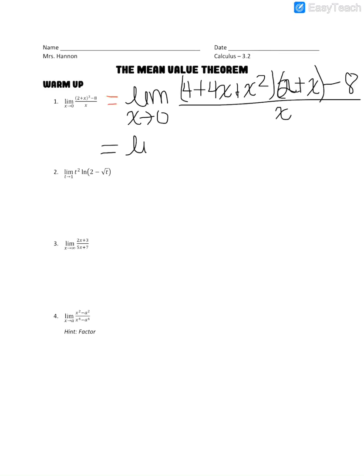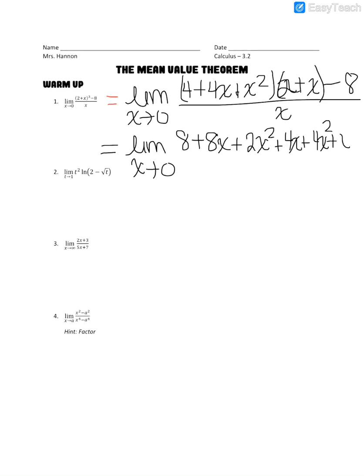When I distribute out again, I'm going to get 8 plus 8x plus 2x squared plus 4x squared plus x cubed minus 8. At this point, the 8's are going to cancel. And actually, one x can cancel off of everything.